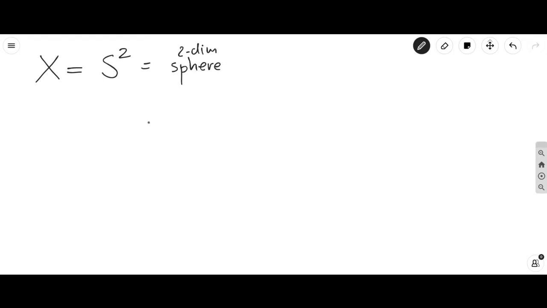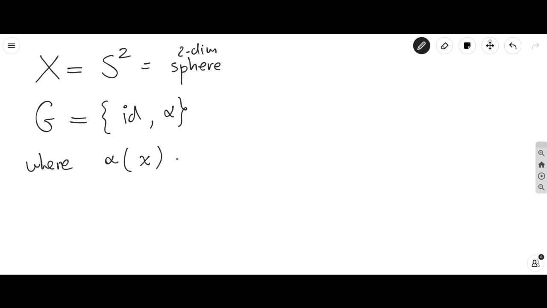And G would consist of, as a set, the identity automorphism and alpha, where alpha is the antipodal map. So alpha of a point x sends it to negative x. So G is just isomorphic to the group Z mod 2. There are only two automorphisms.